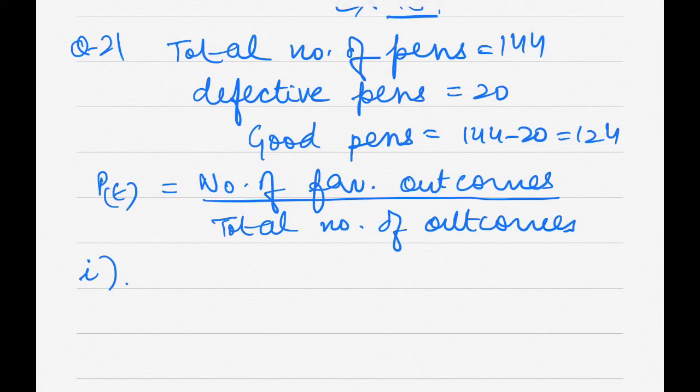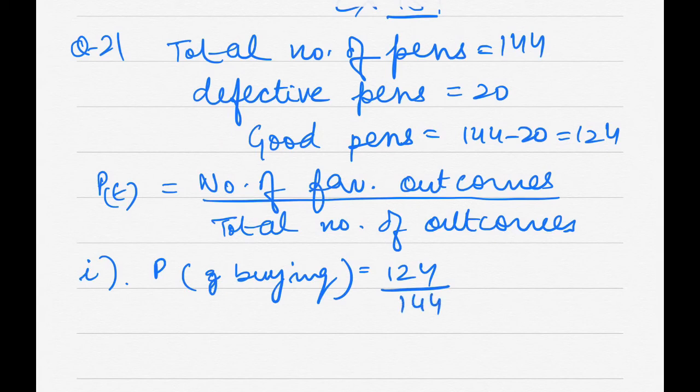She buys when a pen is good, so I write the probability of buying. There are 124 good pens, so the number of favorable outcomes is 124, and total outcomes are 144. Dividing by 4: 4 threes are 12, 4 ones are 4, 4 sixes are 24. So 31 by 36 is the probability of buying the pen.